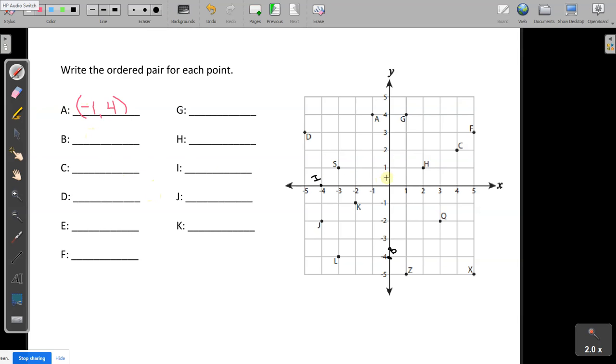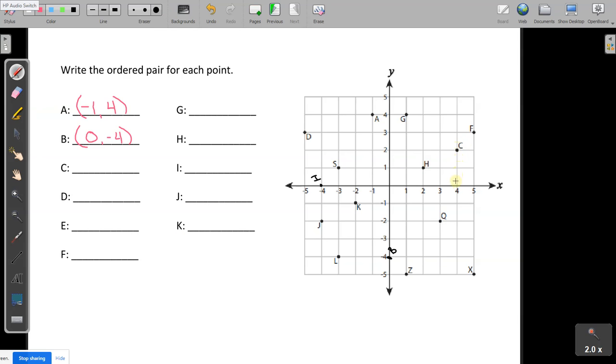Let's look at B. The x value, we stayed put at 0. And we go down to -4. C, let's find C right here.